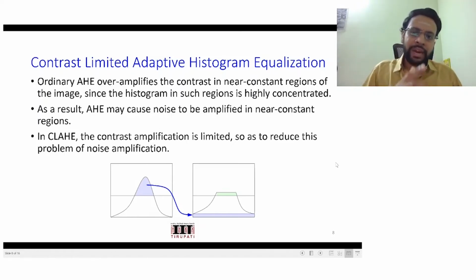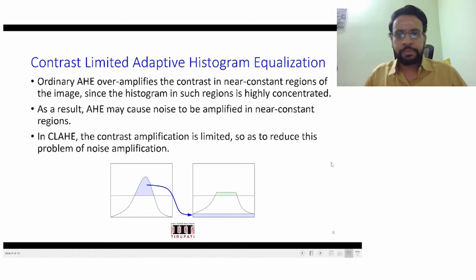So in practice, in addition to adaptive histogram equalization, it is quite common to do one more modification, referred to as contrast limited adaptive histogram equalization. Let us see what it means.